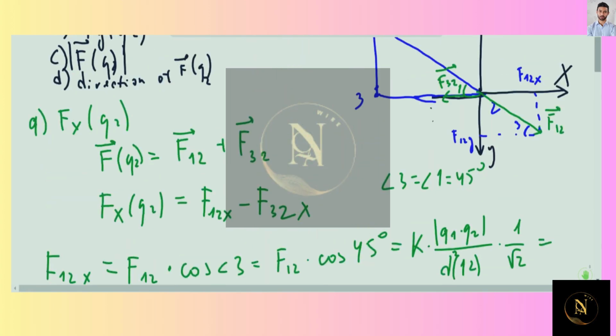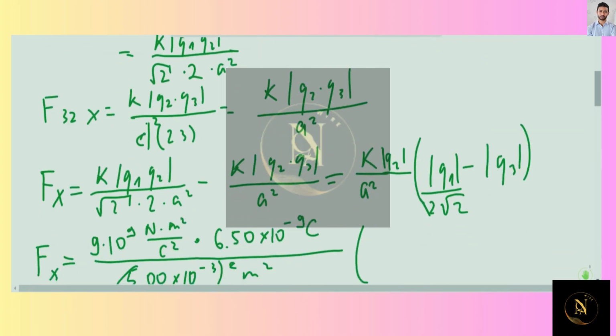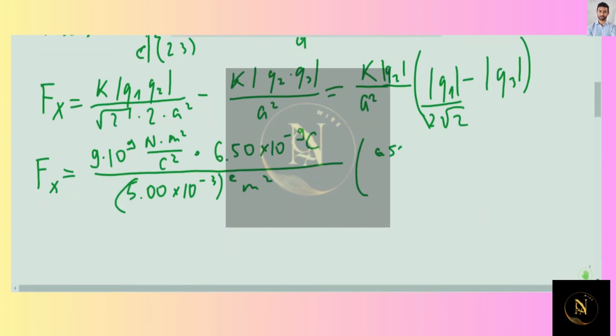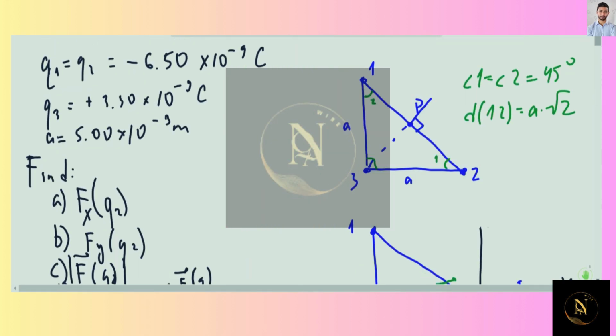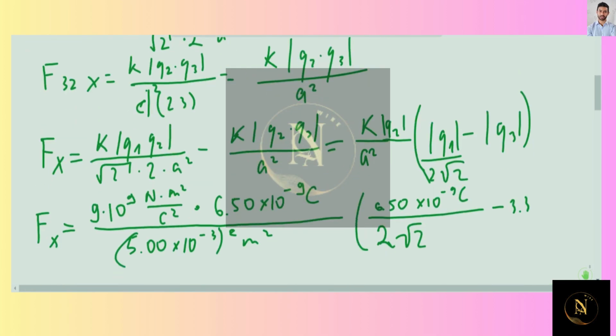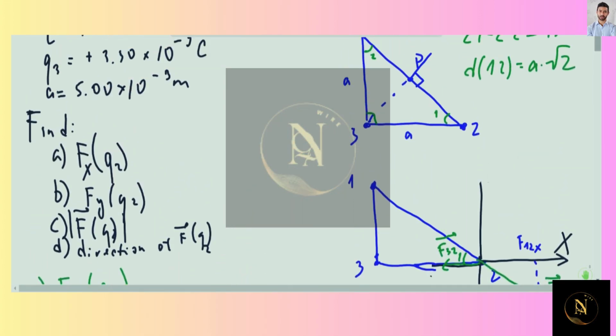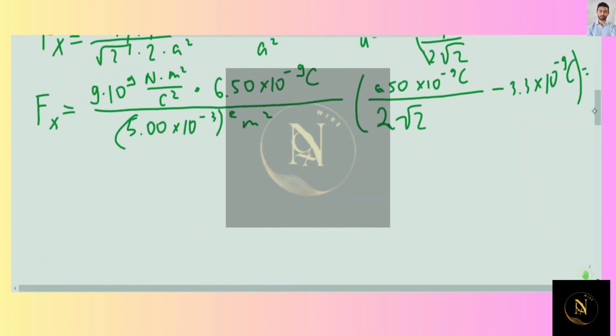So in the brackets we have 6.5 multiplied by 10 to the power of negative 9 coulombs over 2 square roots of 2, negative 3.3 multiplied by 10 to the power of negative 9 coulombs. So now I have to use a calculator to complete this calculation.